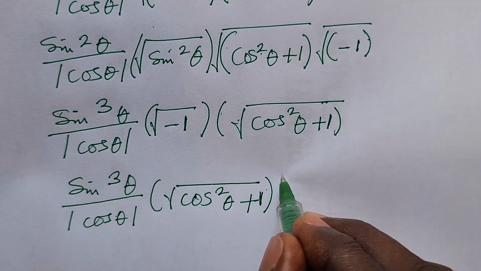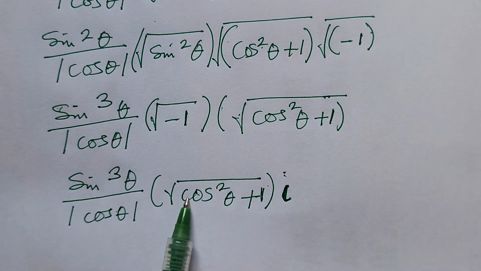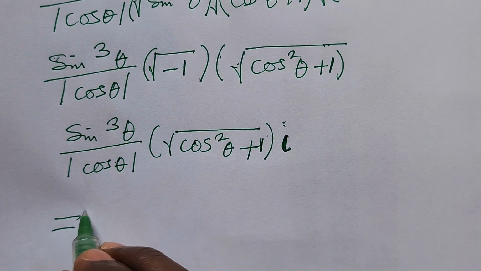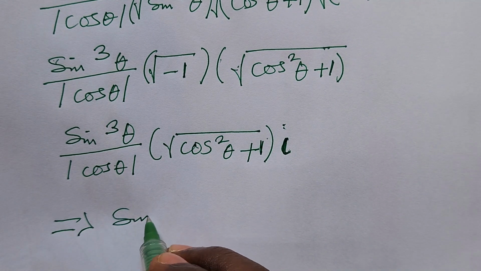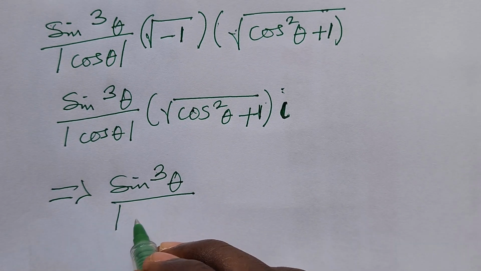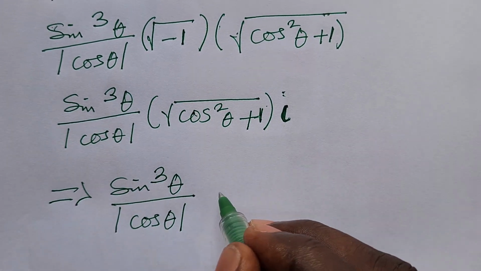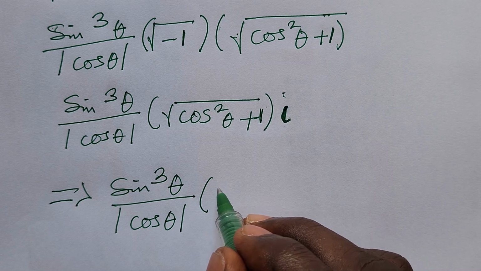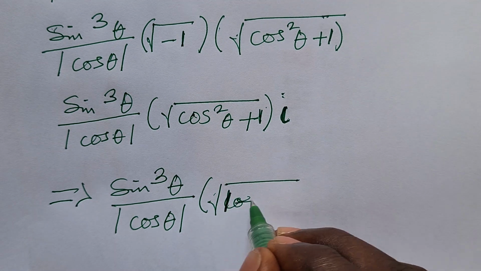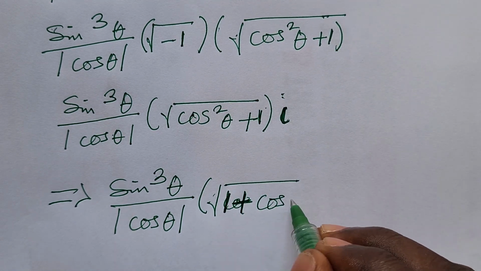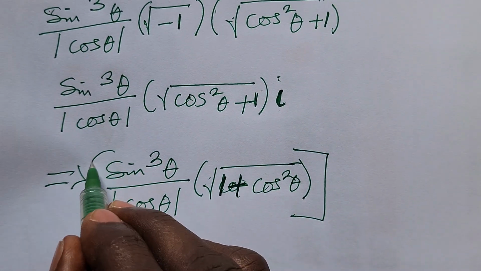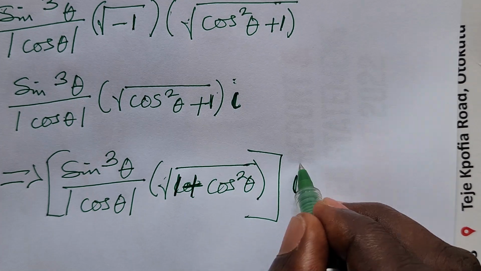So in all, our answer gives us sine to the power of 3 theta all over the absolute value of cos theta, then bracket the square root of 1 plus cos square theta, close bracket, into our i.